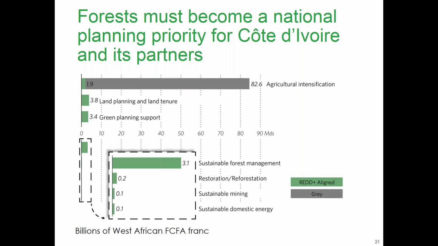The graph highlights the low level of REDD+ aligned spending by the government of Cote d'Ivoire and its partners in key sectors driving deforestation. In 2015, for example, donors spent 55 times more money on agricultural intensification than in the forest sector on activities like reforestation or sustainable forest management, highlighting the low level of investment in those areas and the need to mainstream climate objectives into land use investments.